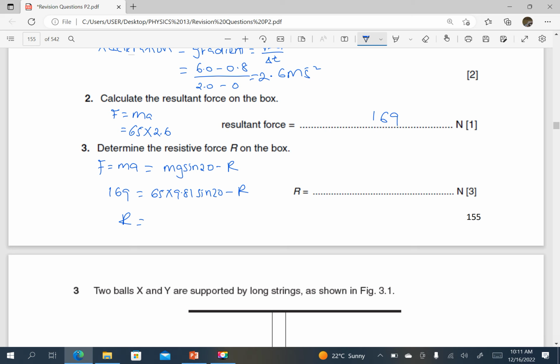So I'm getting R as 49.1, so that is approximately 49 newtons.